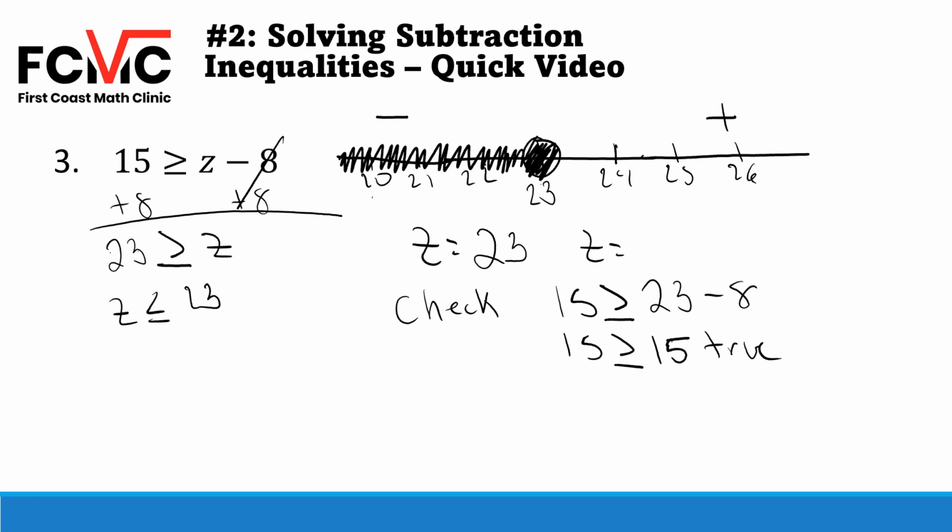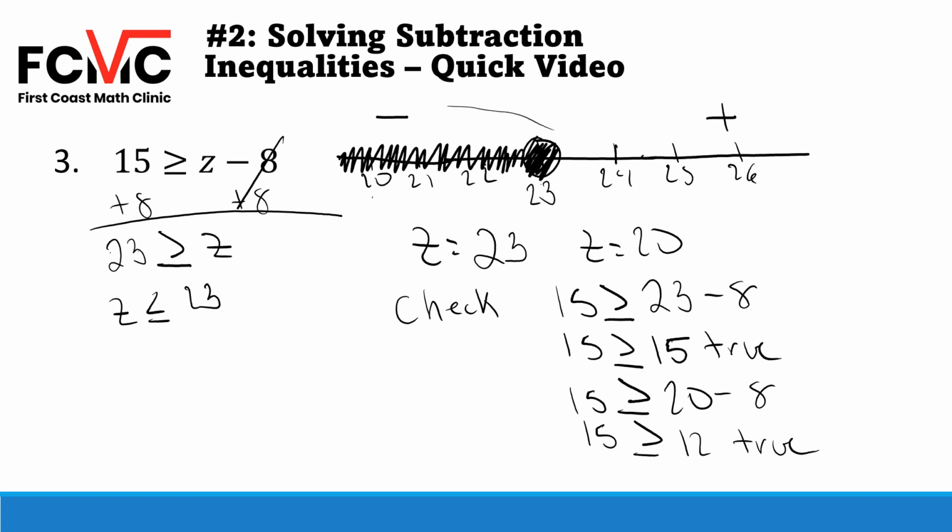Any value in this range would work, right? If we do 20, then we can do 15 is greater than or equal to 20 minus 8, and we get 15 is greater than or equal to 12, which is also true. So any value that we check in this range less than or equal to 23 will be true, okay?